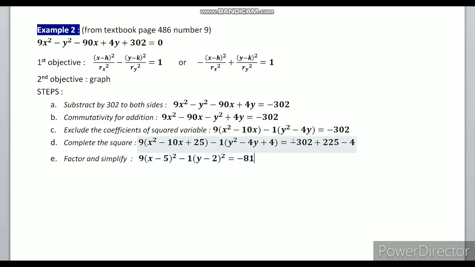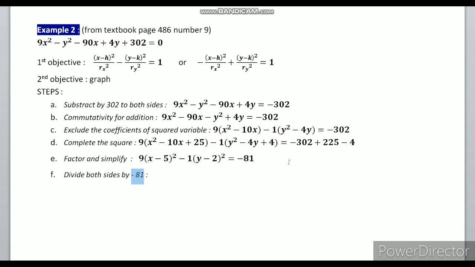This one all will be negative 81 on the right member, and the factoring, of course, you already understand. And the last one, since I need to make positive 1 on the right side, and we have negative 81, we have to divide both sides by negative 81.